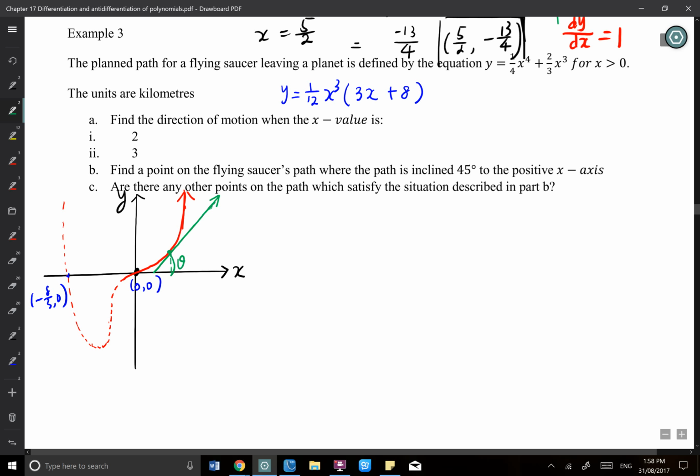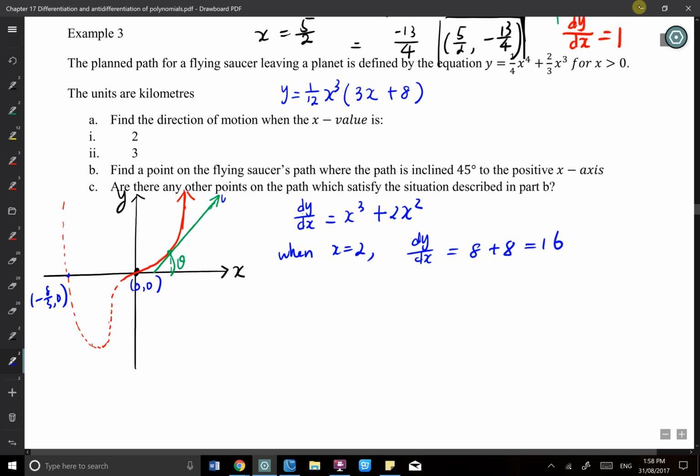So I want to find dy/dx, which equals x cubed plus 2x squared. And when x equals 2, dy/dx equals 8 plus 8, which is 16.